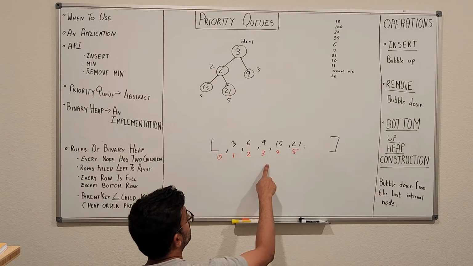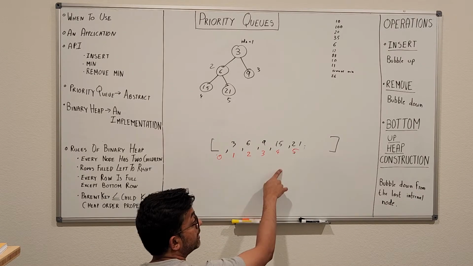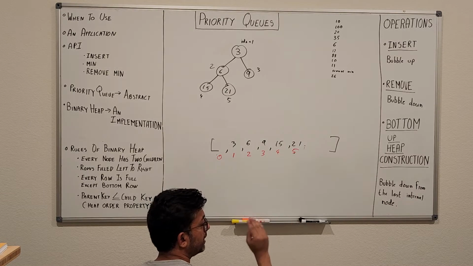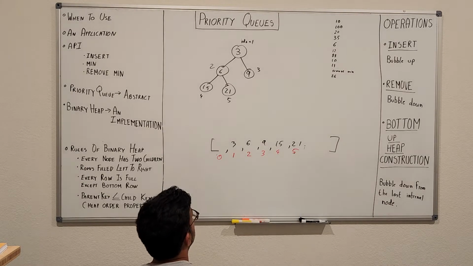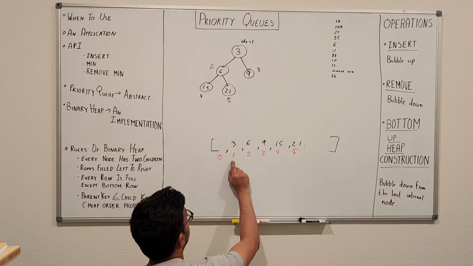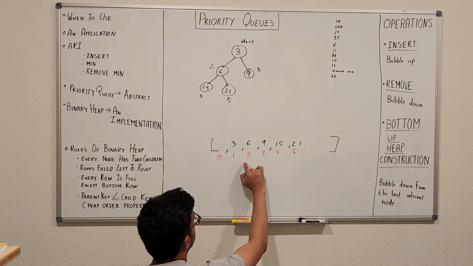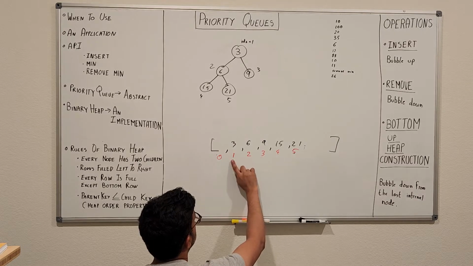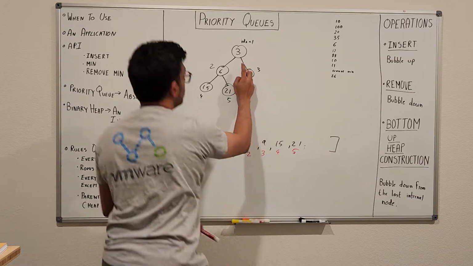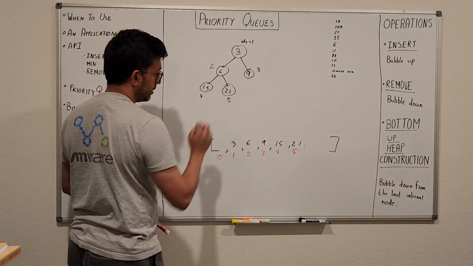The way this works is that the children are at 2 times the index and 2 times the index plus 1. What I mean is that for index 1, the children are at 2 times the index, which is 2, and 2 times the index plus 1, which is 3. The children of 3 are 6 and 9, correct?